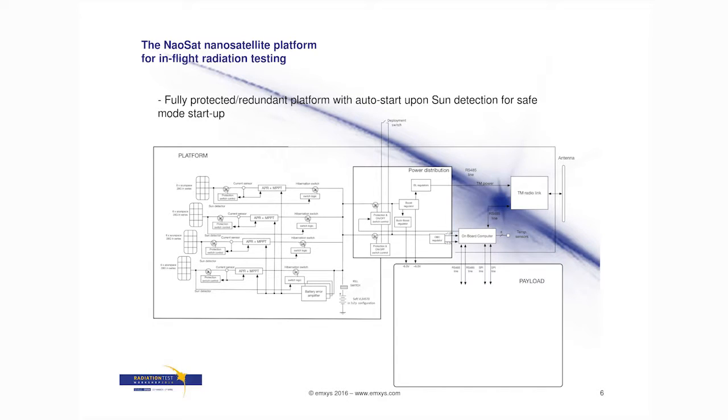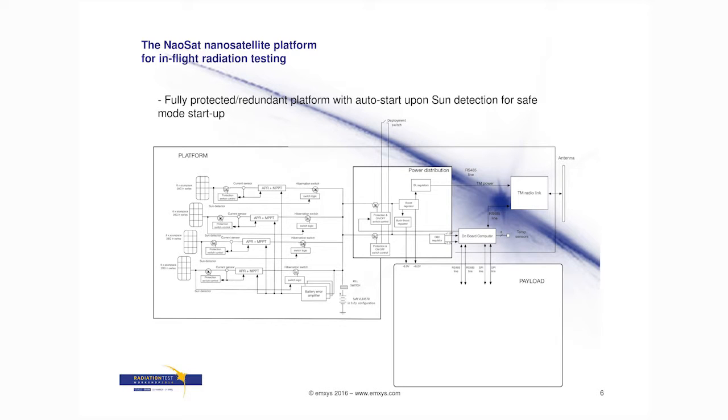This is a schematic of the platform from the electronics point of view. The service module is on top, and the payloads go here at the bottom. We provide a fully protected platform with redundant switches that are able to stop the working of whatever is being used, even in the service module or in the payloads.